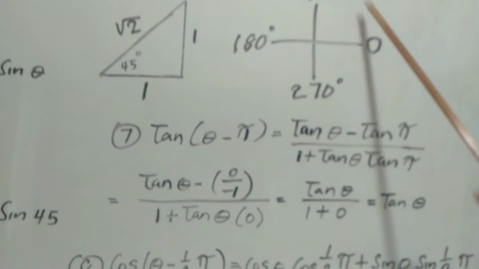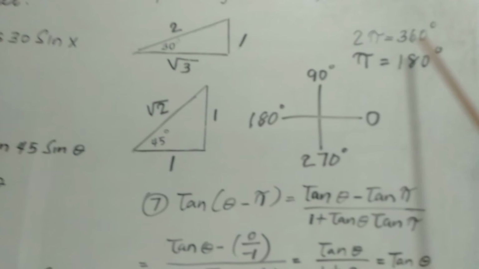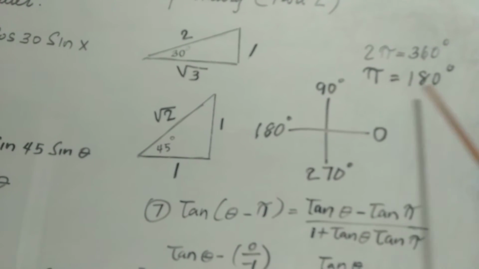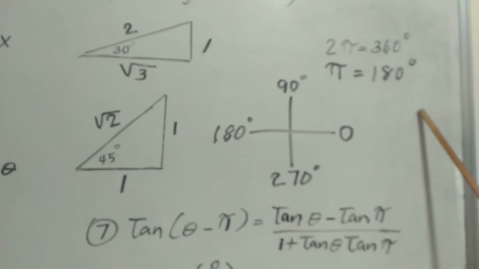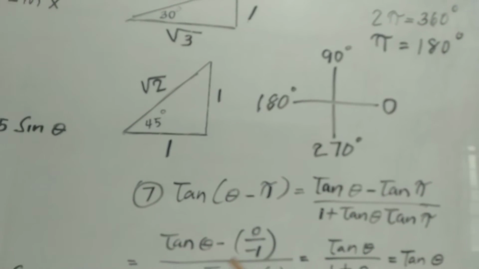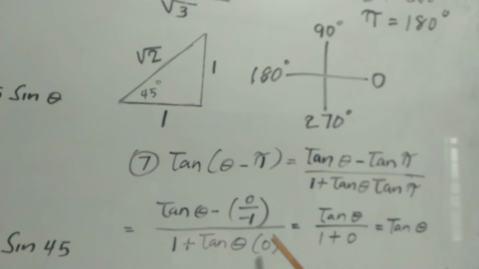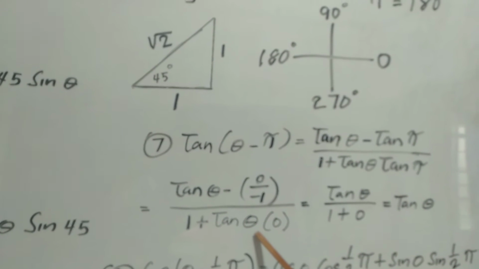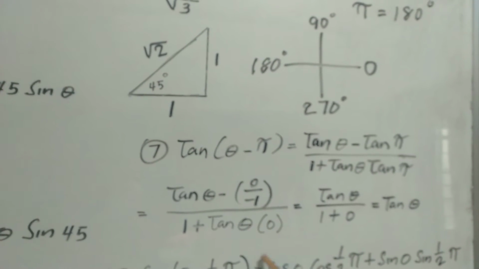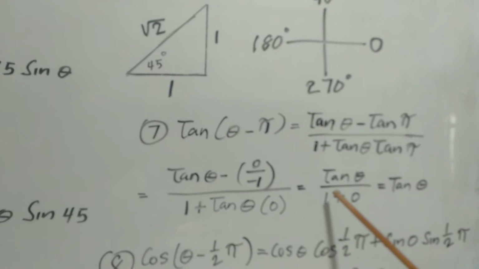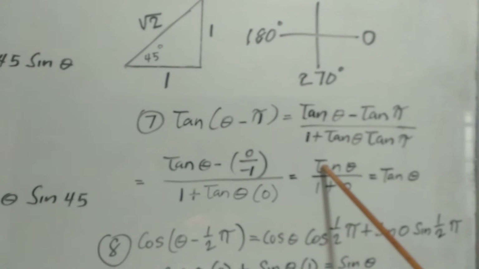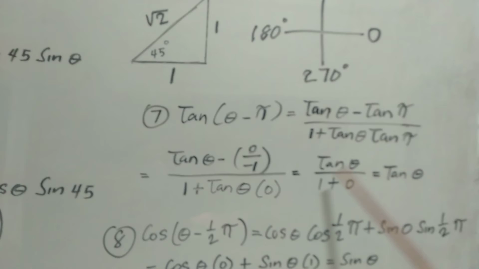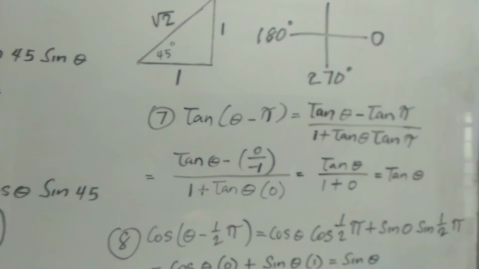For conversion from radians to degrees, pi is equal to 180. The tangent of 180 is 0. So 1 plus tangent theta, tangent pi is 1 plus 0. So this one is tangent theta over 1. Our final answer is tangent theta.